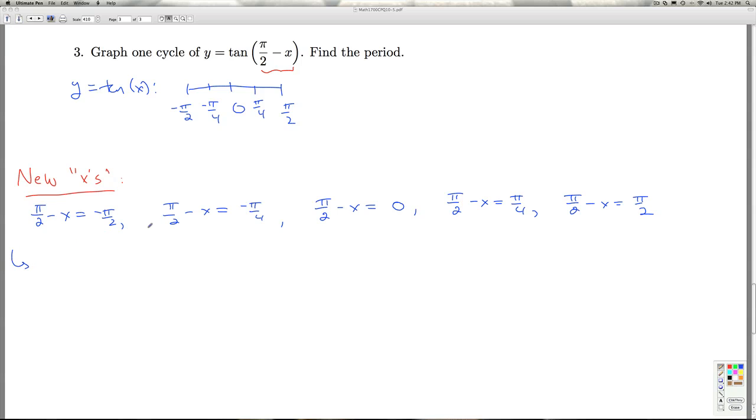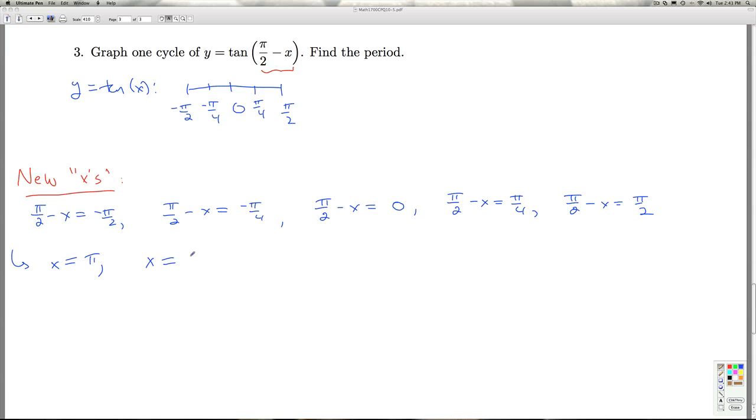The way I would solve each of these equations is I would subtract pi over 2 from both sides, which would shift it to the left pi over 2 units. Then I would divide by negative 1, which would follow that up with a reflection about the y-axis. So when I solve this, I get here x equals pi.